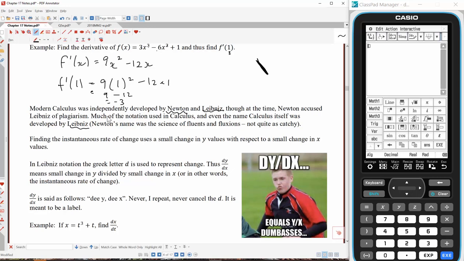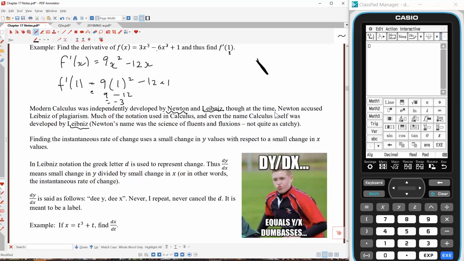So we do use much of Leibniz's notation and the name. But Leibniz was accused of plagiarism, and it was interesting to note that the panel that heard his case was chaired by none other than Newton himself. Okay, so the person who found that Leibniz was guilty of plagiarism was in fact Newton, the person who accused him of plagiarism.